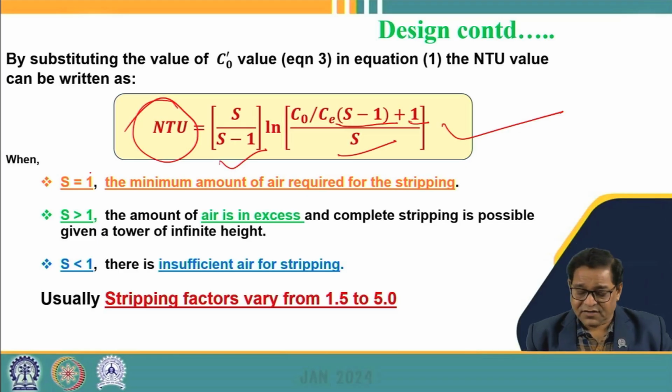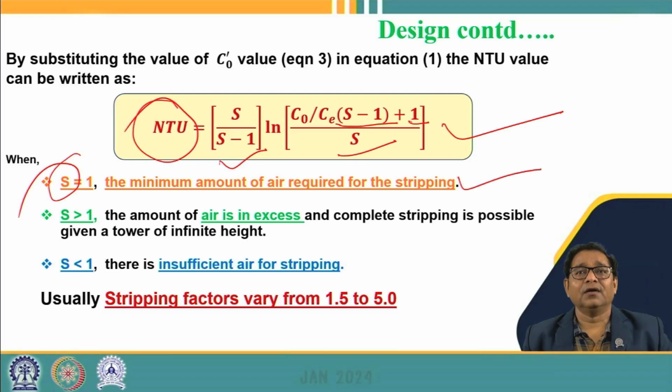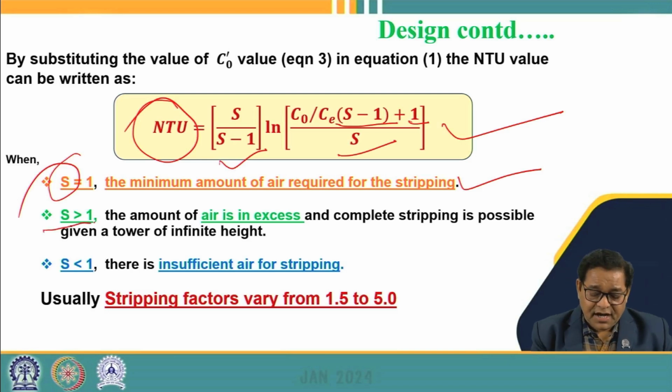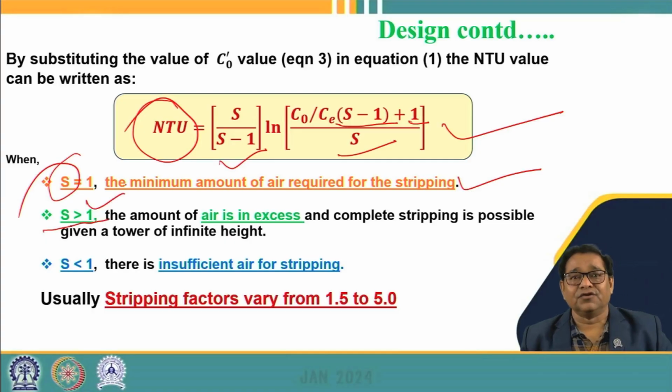In this equation, if S is equal to 1, it means that this represents the minimum amount of air required for the stripping process, and that becomes very economical. But we take S more than 1 to ensure complete stripping of the solute from the wastewater.